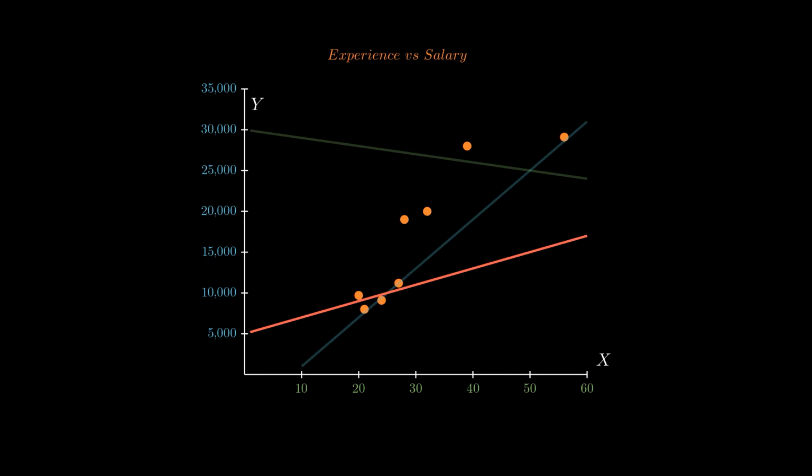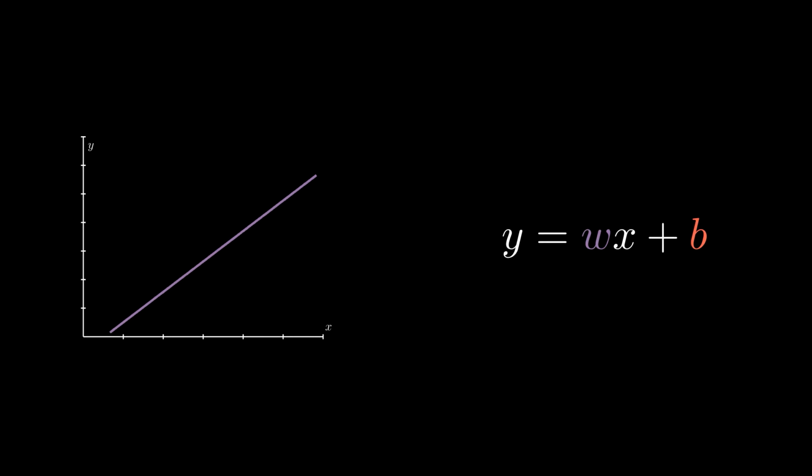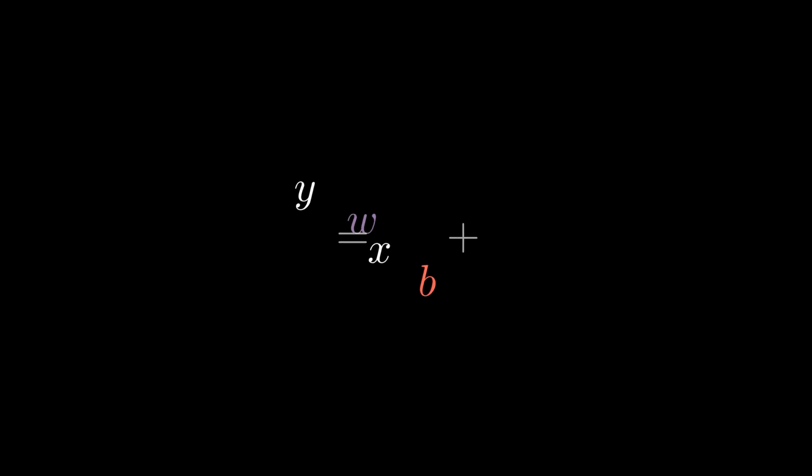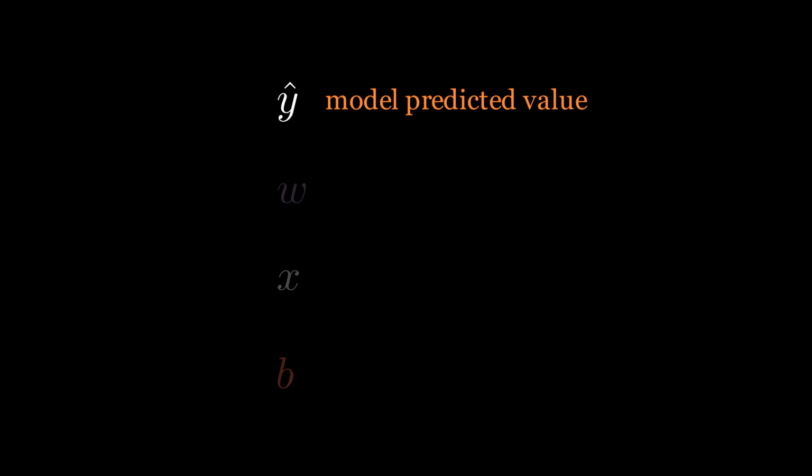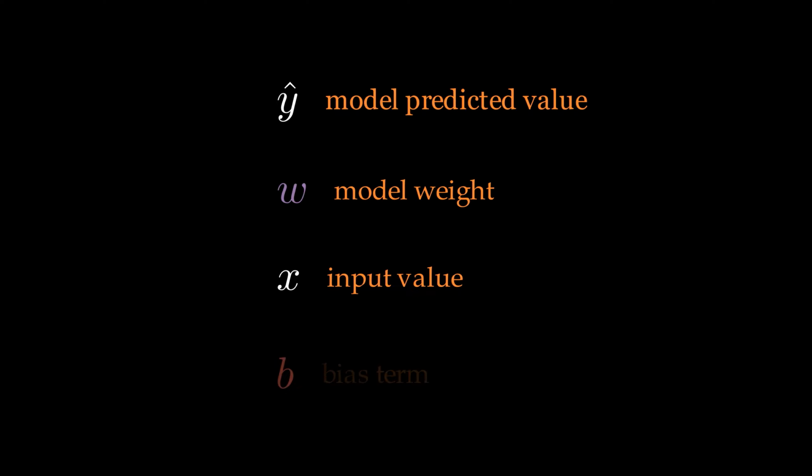To understand how this is done, we'll have to take a closer look at the regression model itself. As you may have already noticed, our regression model is just a straight line, and it has a mathematical equation of the form y = wx + b, where y is the predicted value, w is the model weight, x is the input value, and b is the bias term.